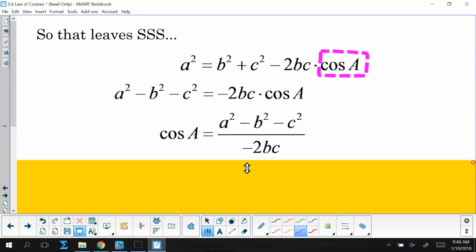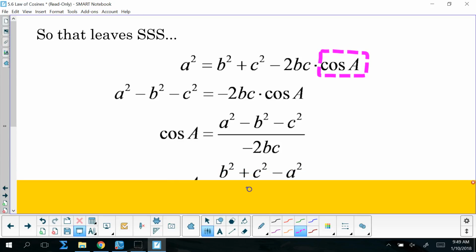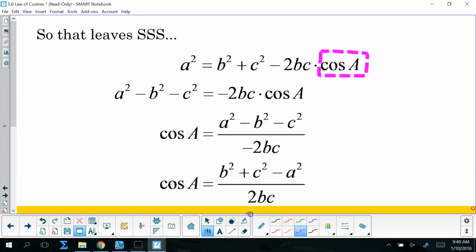So I'd get the cosine of A is equal to a squared minus b squared minus c squared all over negative 2bc. But because I don't like negative signs in my denominator, I multiplied both top and bottom by a negative, so I get that. These two lines really mean the same thing.